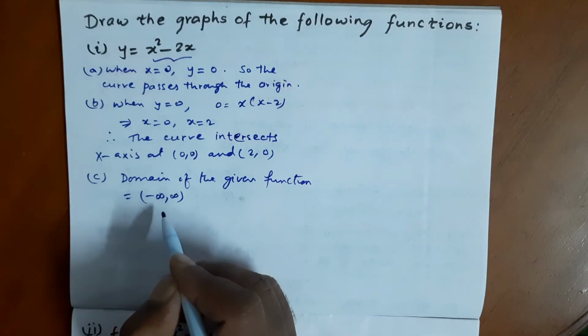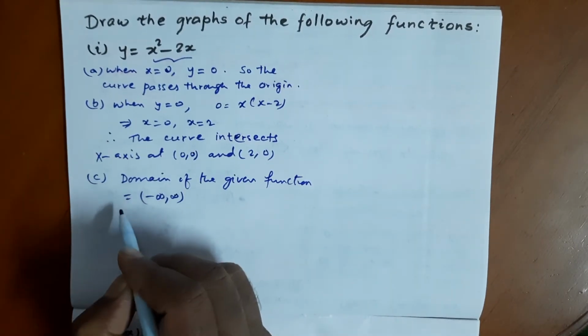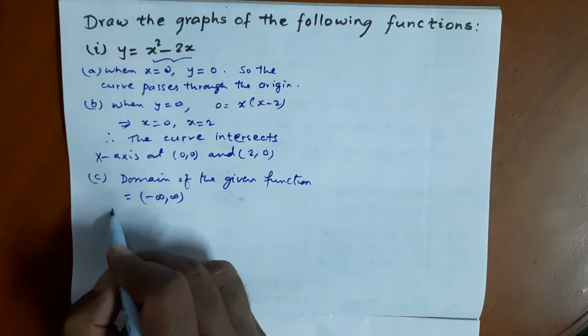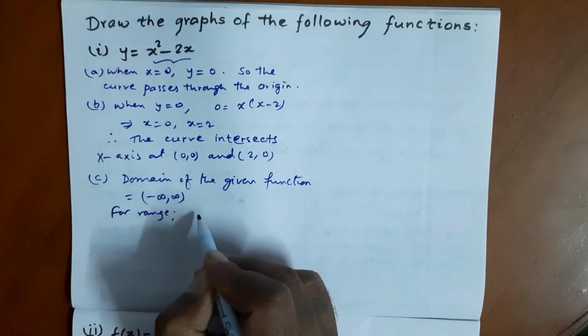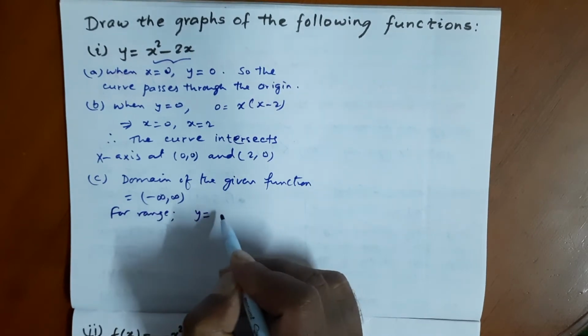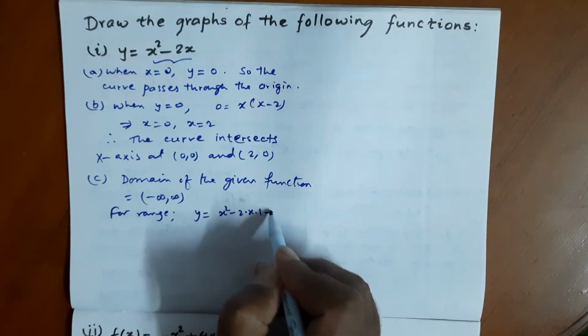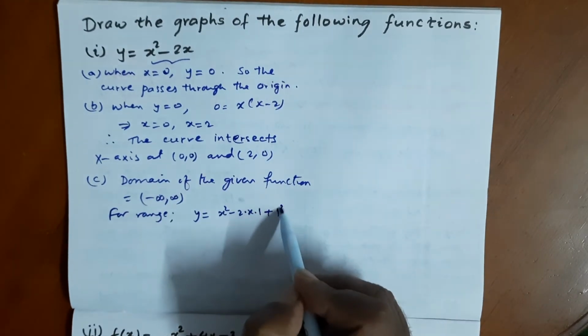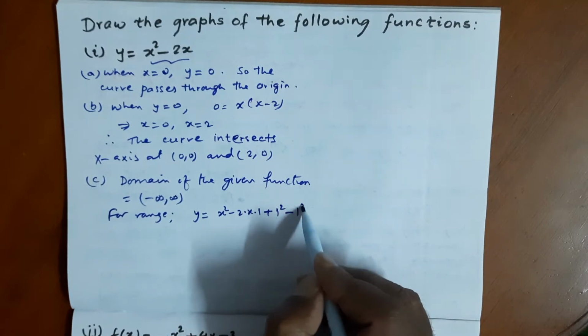And similarly for range, what we can do is y equals x square minus 2 times x times 1 plus 1 square, but here there is no 1 square, so whatever I have added I should subtract here.